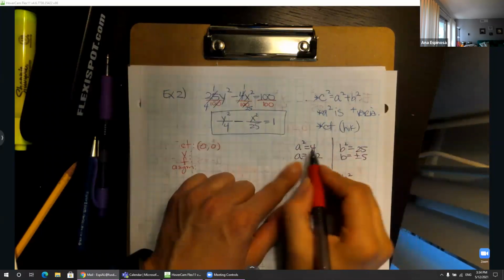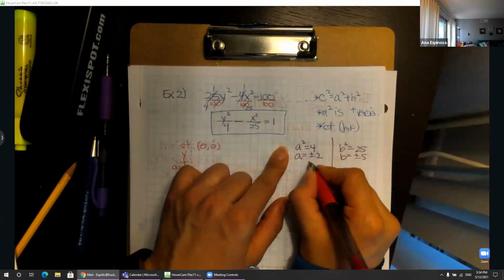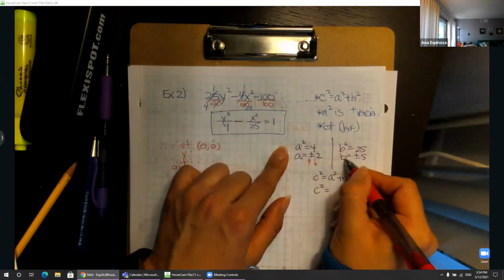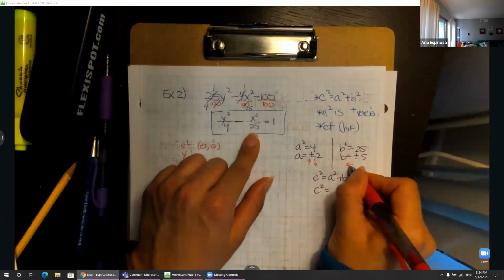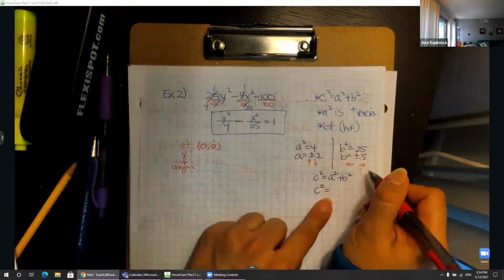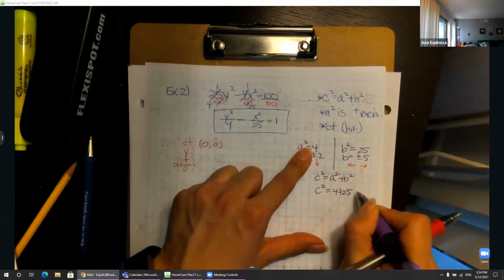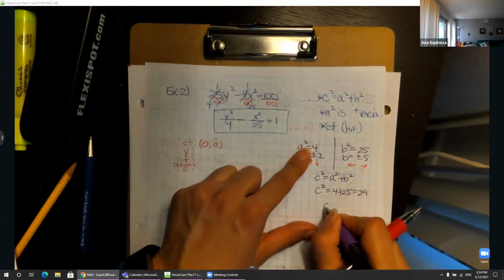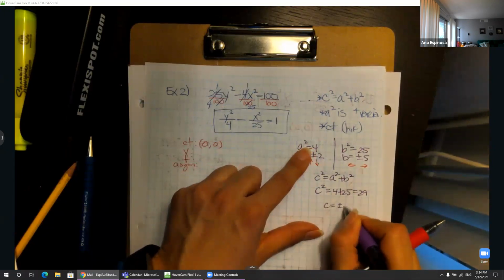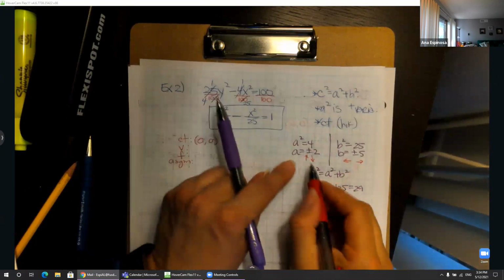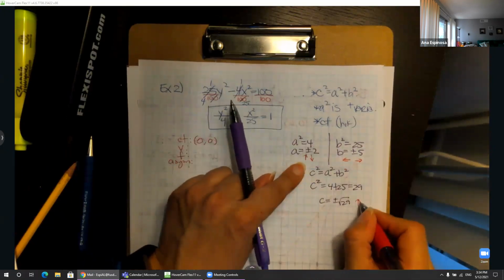I'm going to put the arrows. The 4 is underneath the y, that moves up, down. The b is underneath the x, moves left, right. The c will be 4 plus 25, which is 29. So c equals plus or minus square root of 29, and it's going to move in the same manner as the a, up, down.